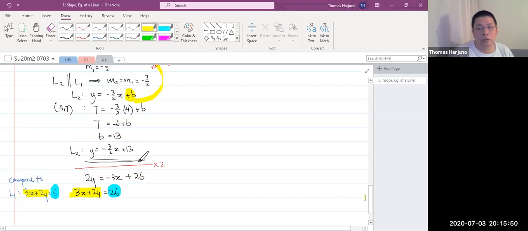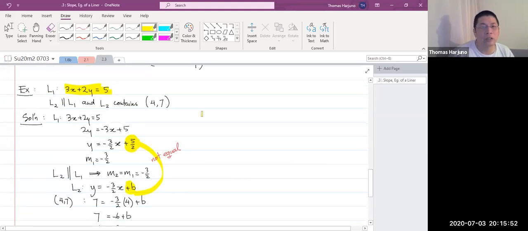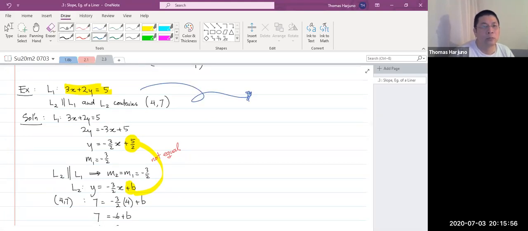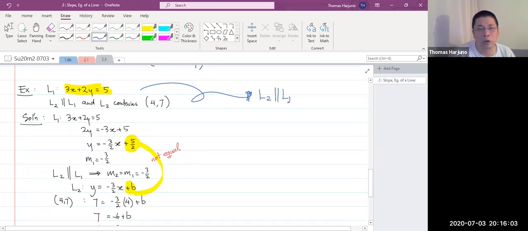In other words, the alternative way to do this problem is the following. Once we know that line 2 is parallel to line 1, then the equation of line 2 must have the same structure as the equation of line 1, except the constant part. Now, how do we find that constant part? You plug in (4, 7).